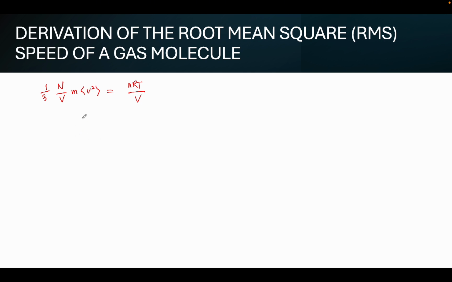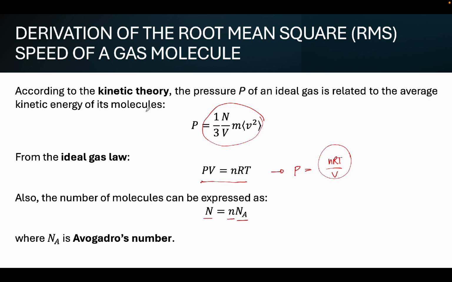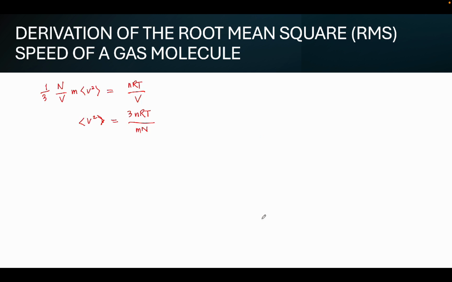Now, if we rearrange this to solve for v squared, we have v squared is equal to 3nRT divided by m times N. Now, since capital N is equal to this one, we will be substituting that.